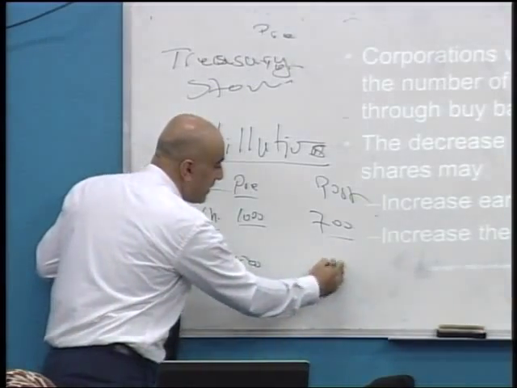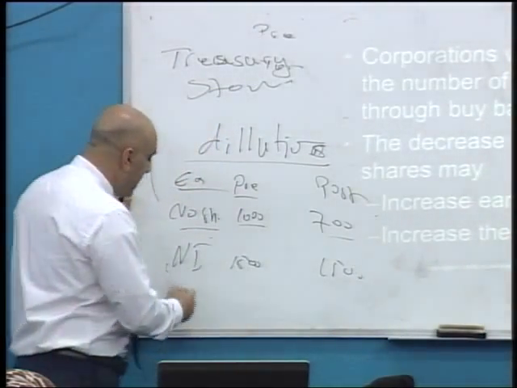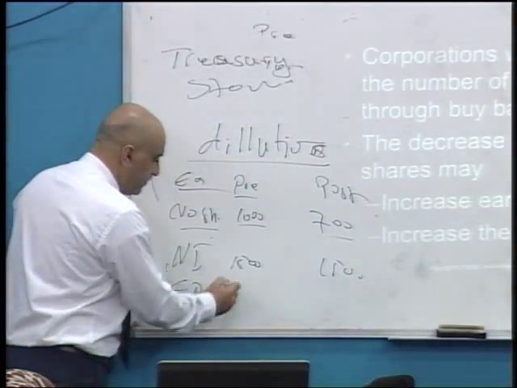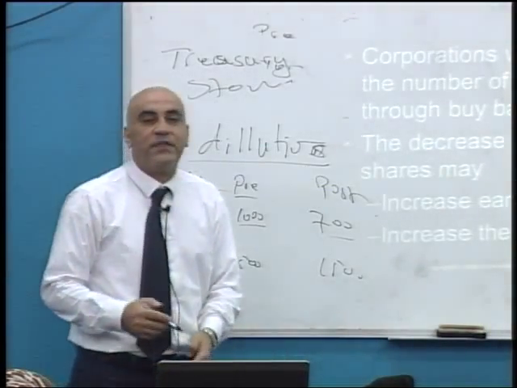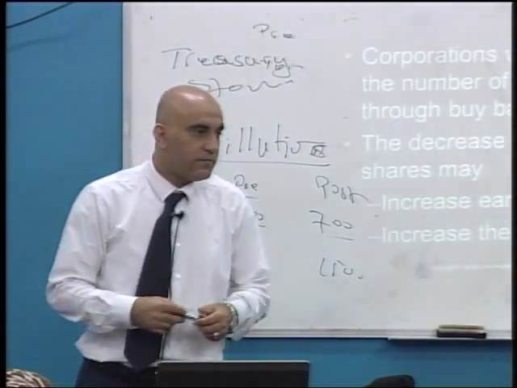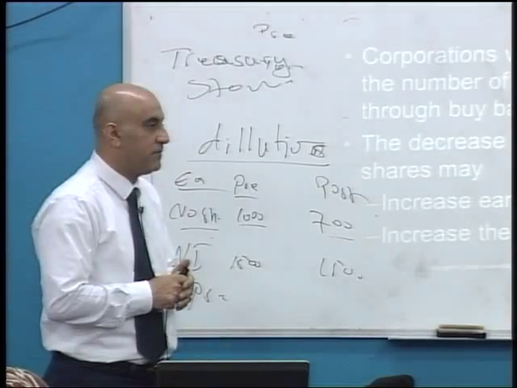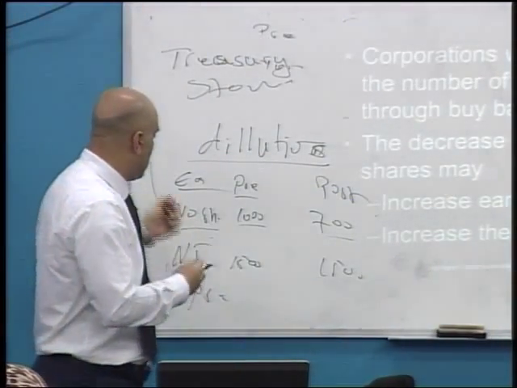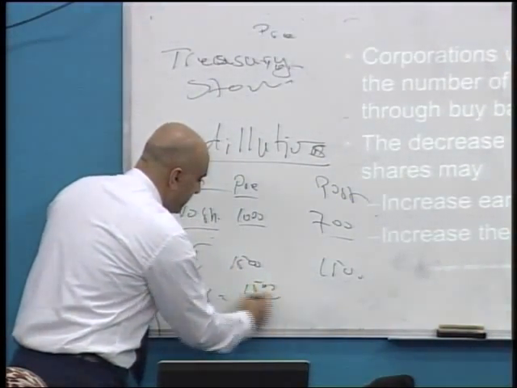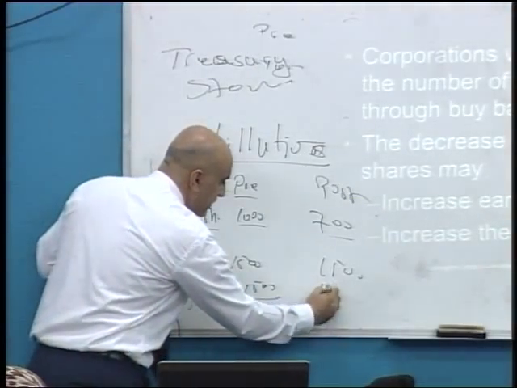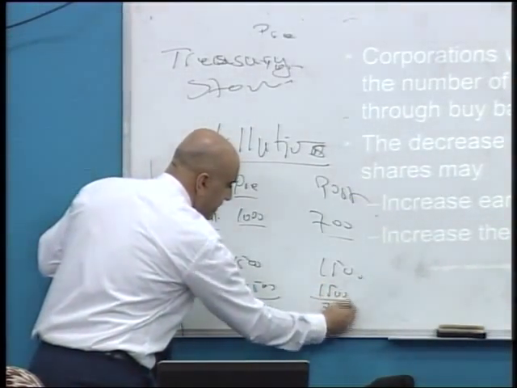Okay. So now net income, let's see, the net income here is 1,500 and here 1,500. No change in net income. Now calculate the EPS. What do you observe? 1,500 divided by 1,000 and 1,500 divided by 700.